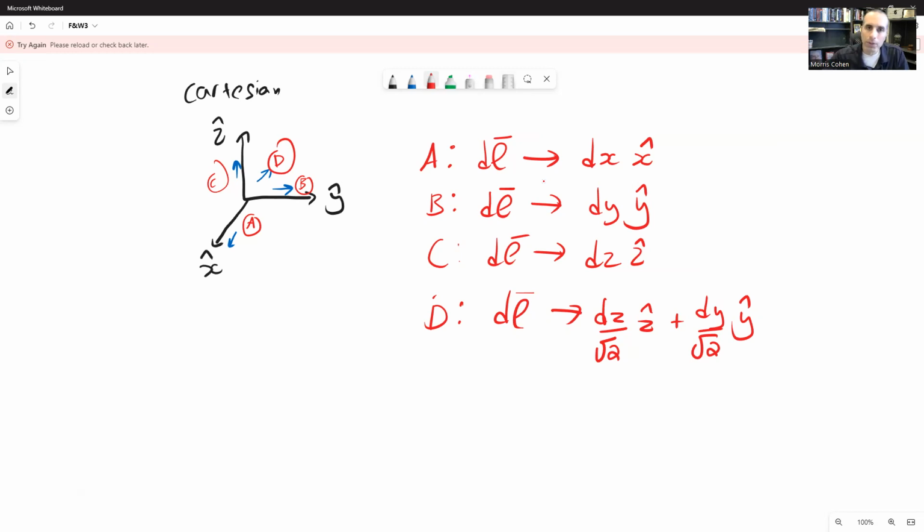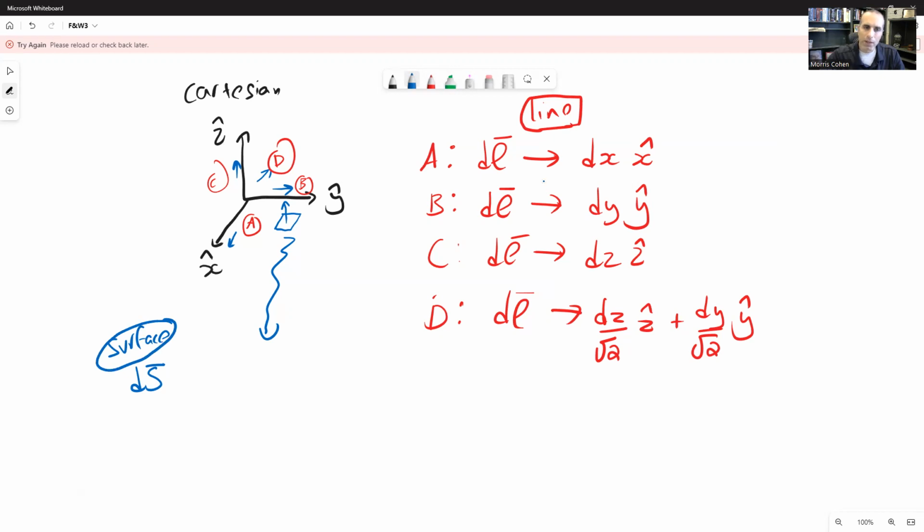Right, for surface integrals, let's say we have a surface integral that is oriented in the xy plane. For that, we would have a substitution for this ds vector into a surface integral. So these equations here are for lines, and these are for surface integrals.